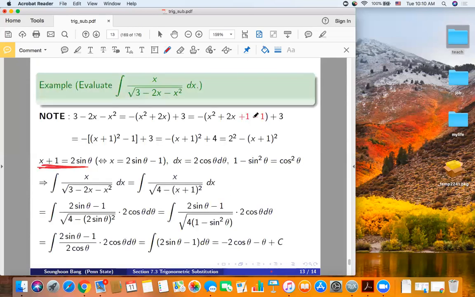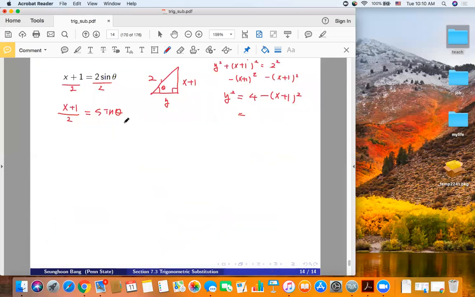We are going back to the previous one here. This is exactly the same as 3 minus 2x minus x squared. So y is the square root of 3 minus 2x minus x squared, right?